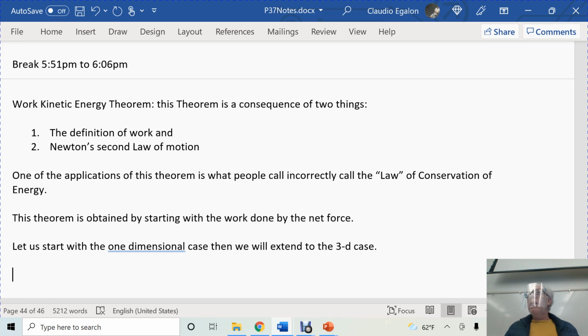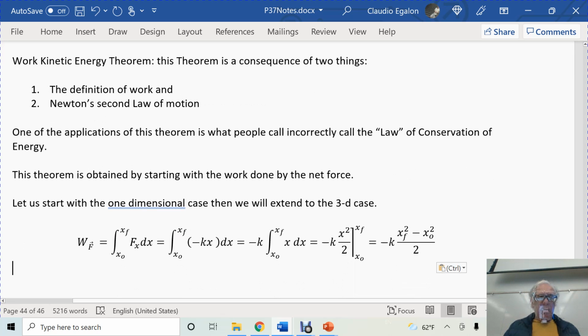And then once we have a grasp of the 1D case, we can move on to the more difficult one, right? It's not that it's more difficult, it's just more mass intensive, more work. That's the difference between something being difficult and something being mass intensive, something that requires lots of work.